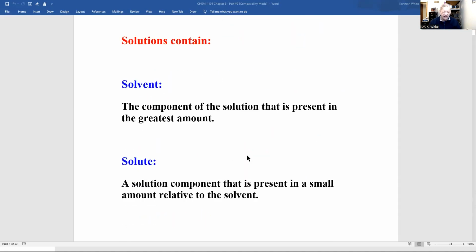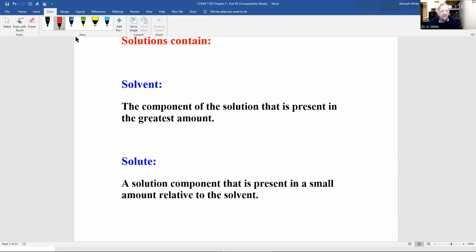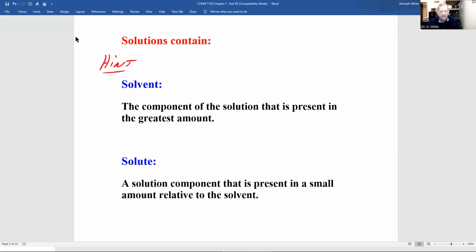Now, important thing, solvent. That's the component of the solution that's present in the greatest amount. Remember, I'm going through at fast speed because this is in the videos.